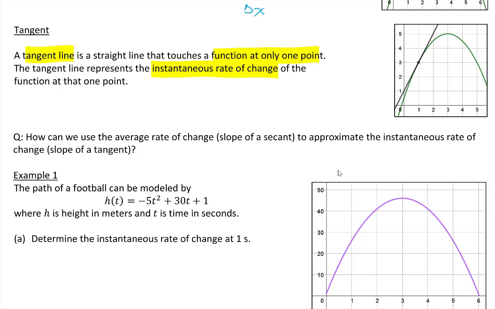If we go back to our diagram, if I took a point really close to the tangent line on the curve, I should get a good approximation for the slope of this tangent line or the instantaneous rate of change. That's the method we're going to use. We're going to take x values really close to the x value of the tangent line and approximate what's called the instantaneous rate of change.